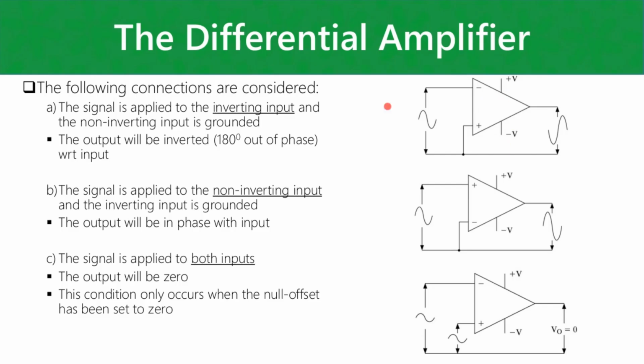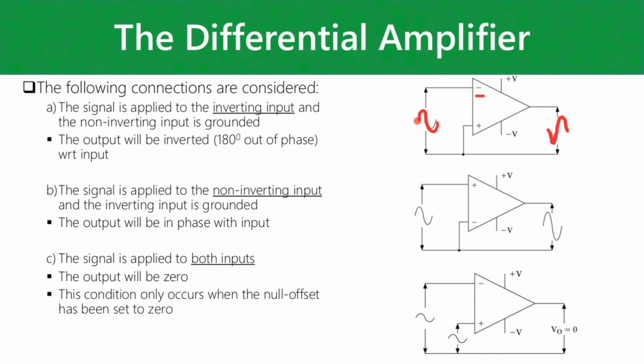If I input a signal on the inverting input, that's going to give me an output that's an amplified version of the input, but inverted.